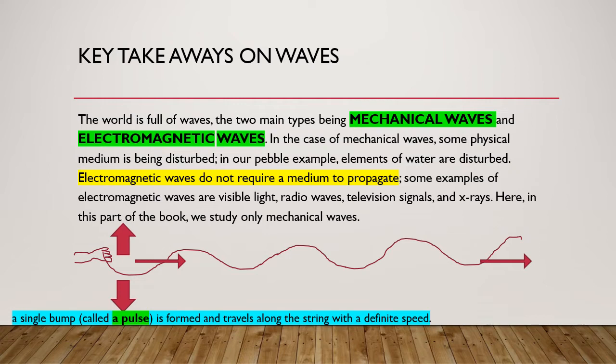Electromagnetic waves do not require a medium to propagate. Some examples of electromagnetic waves are visible light, radio waves, television signals, and X-rays. Here, in this part of the book, we study only mechanical waves.